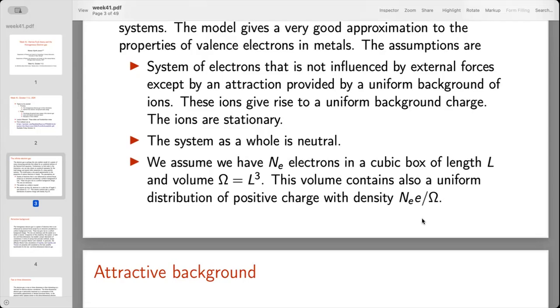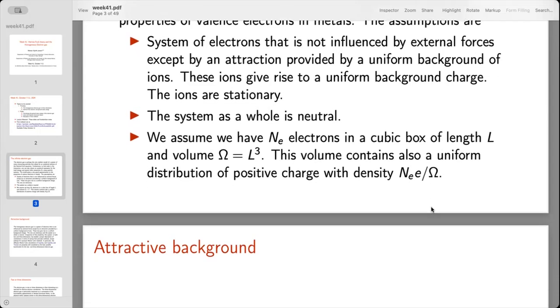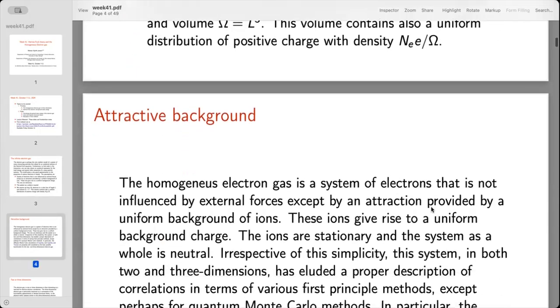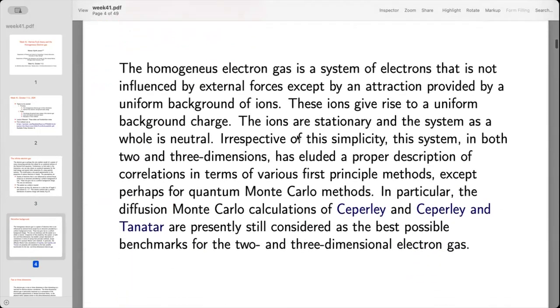And then there's a similar one from the electrons, which balances that so that we have a net zero charge. As I said, it's not influenced by external forces, and the forces which we have are an attraction provided by these ions and the interaction between the electrons.